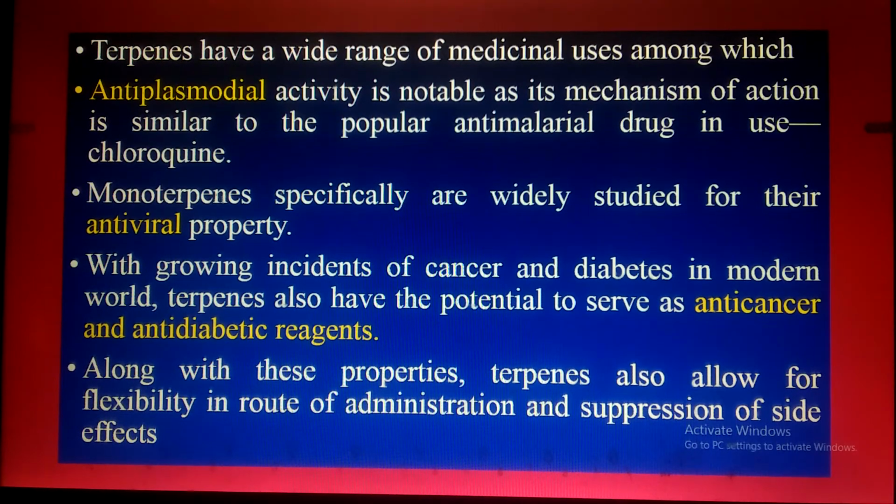With growing incidence of cancer and diabetes in the modern world, terpenes also have the potential to serve as an anti-cancer and anti-diabetic reagent. So as an antiplasmodial, they have antiviral activity, they have anti-cancer and anti-diabetic properties. Along with these properties, terpenes also allow for flexibility in route of administration and suppression of side effects. Is it clear? Okay.